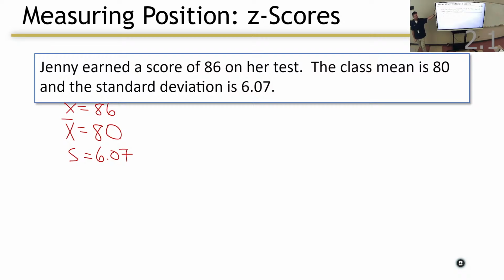Good enough with that? This is 86. This is 6 away from this. This is 6.07. Whoa, she got what? Really close to being one standard deviation above the mean.